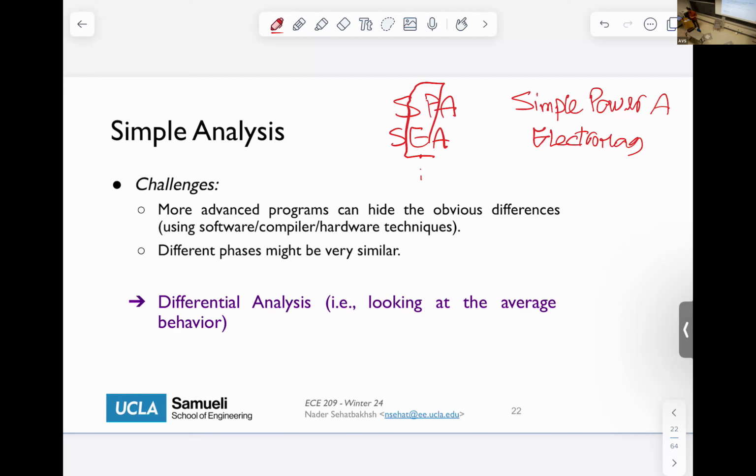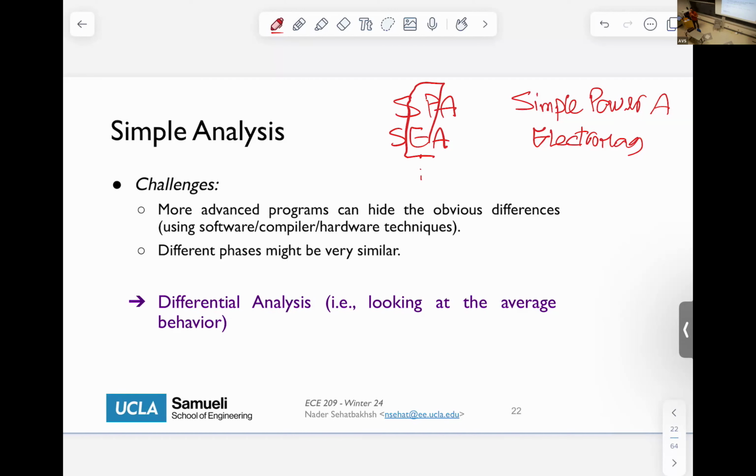So what are the problems with SPA or SEA? The challenge from the attacker's perspective is that these things are simple to remove, because the defender knows that this could potentially reveal information, so you can start convoluting things.